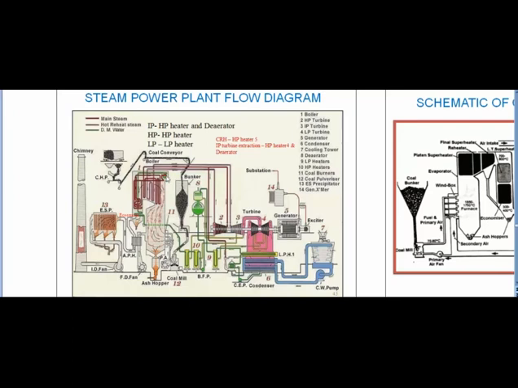As steam is lighter, it takes the upper space of the drum. This dry saturated steam passes through superheaters, and finally the main steam is generated. This we can see in this figure.